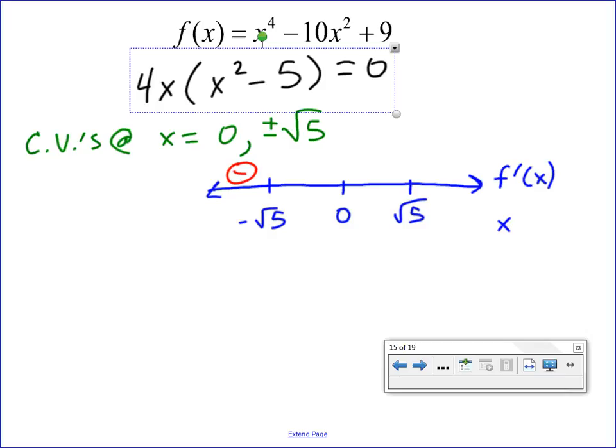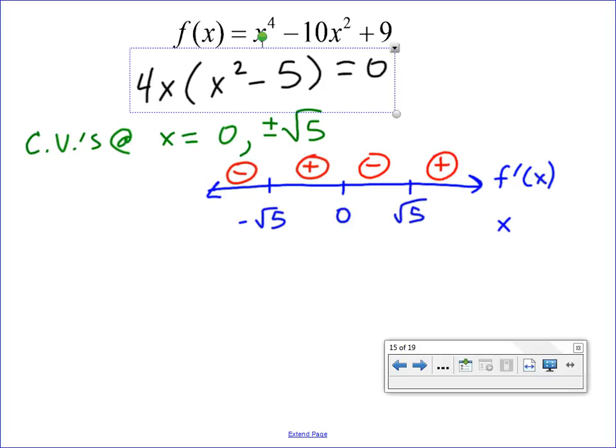Negative 1, negative, negative, overall positive. Positive 1, positive, negative, negative. And 3, positive, positive, positive.